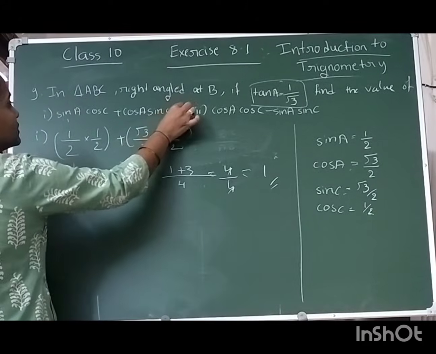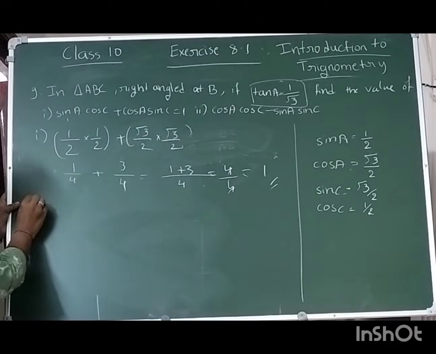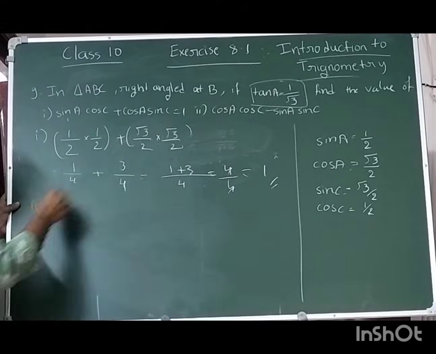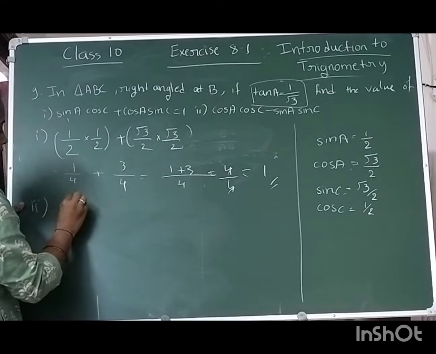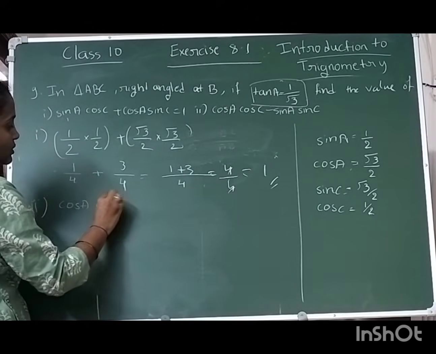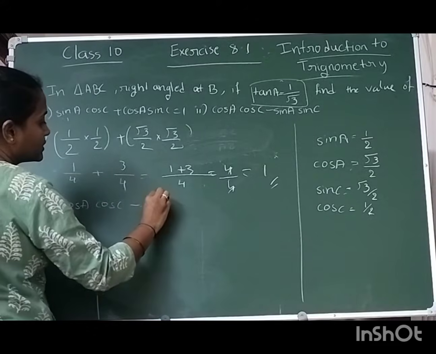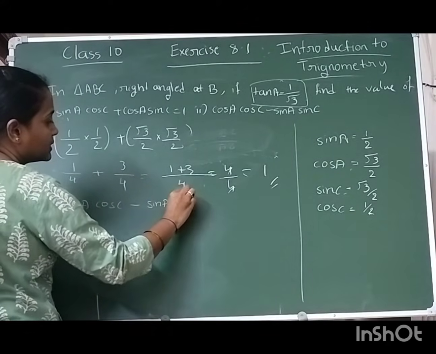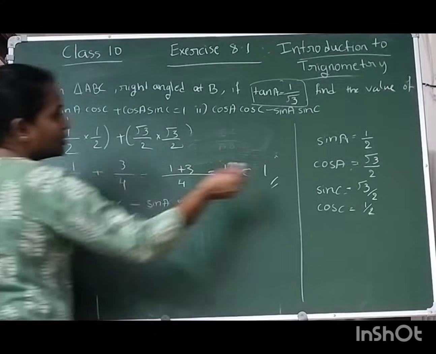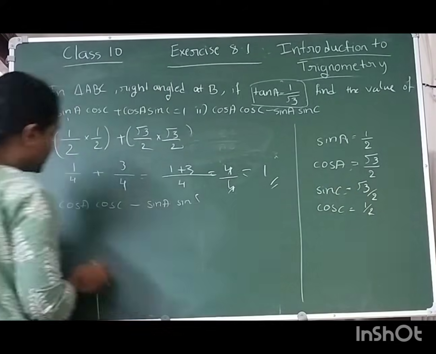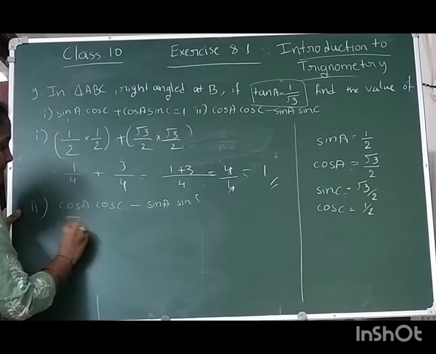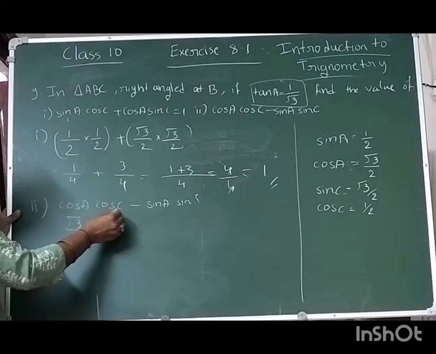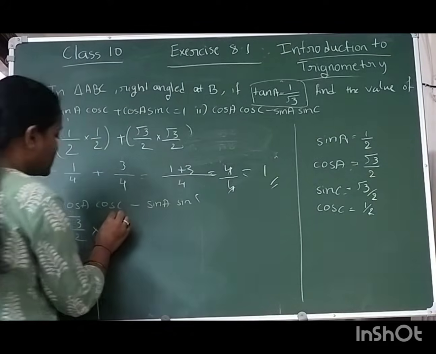Let's go to the second question. We'll rewrite the question. Cos A cos C minus sin A sin C. What is cos A we got? It is root 3 by 2, and cos C we got as 1 by 2.